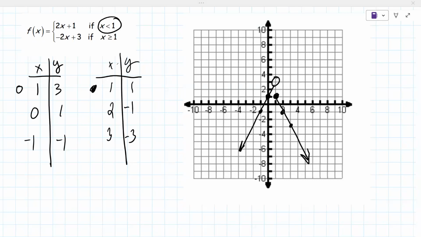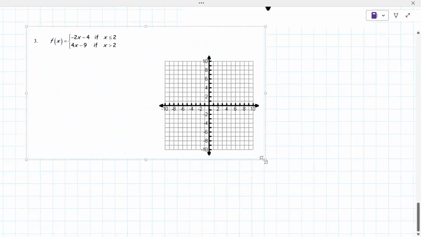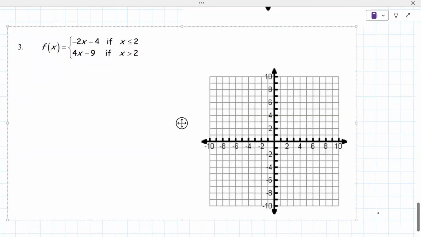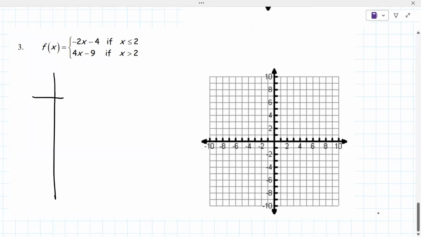All right. So now this one's really similar. I mean, rinse and repeat basically here. I want you to make two tables. Let me know if you have any questions. But just fill out the tables first, please.